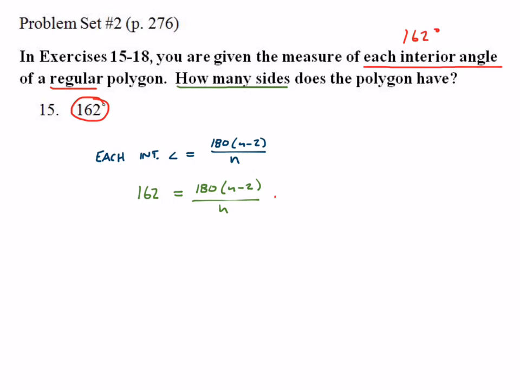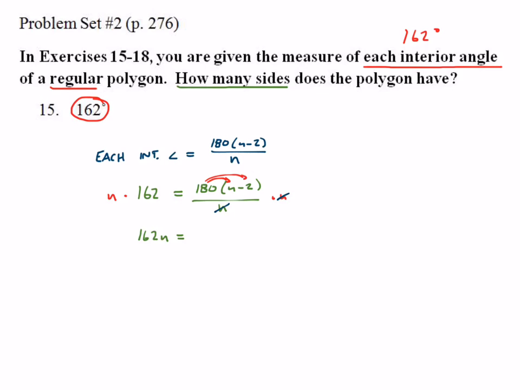The problem here is that the n is on the bottom, so I want to get rid of that. So I'm going to multiply both sides of the equation by n. And when I do that, the n here will cancel with the n here, and I'll be left with 162n equals, and at the same time I can distribute this 180 to both of these pieces.